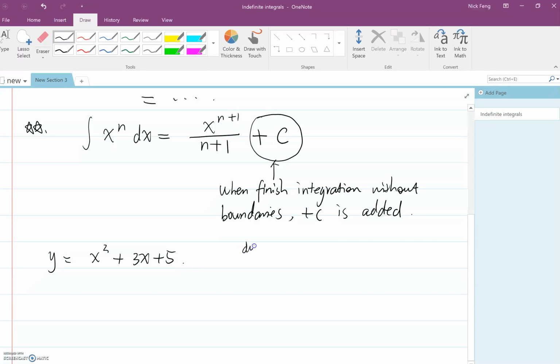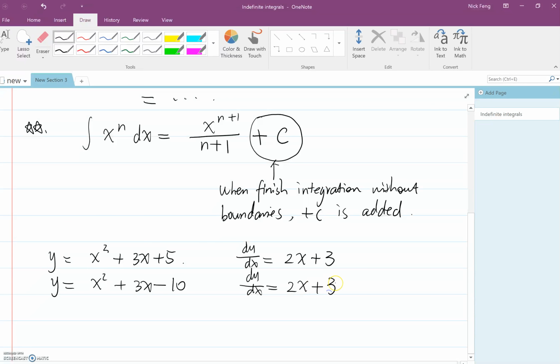So dy over dx is equal to 2x plus 3, because the derivative of 5 is 0. However, if I give you another function y equals x squared plus 3x minus 10, the derivative is still 2x plus 3, because the derivative of negative 10 is also 0.